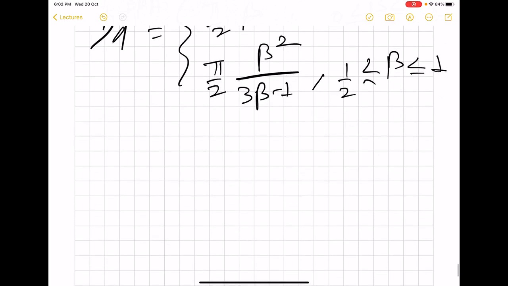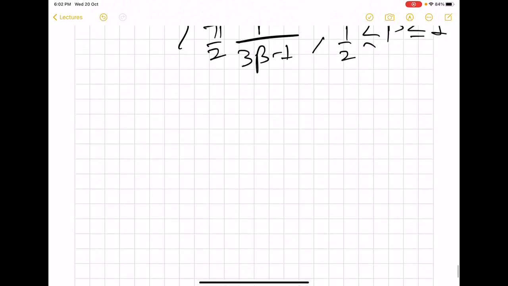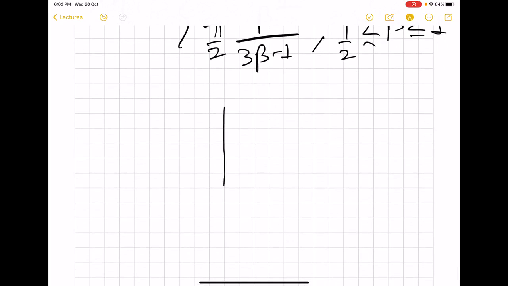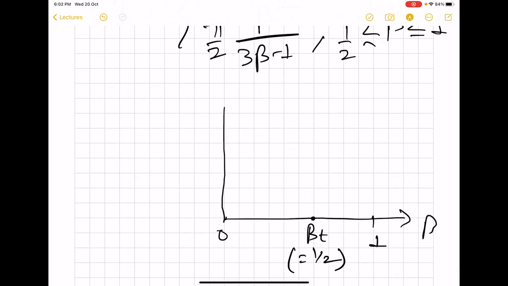So now if we plot this function, this varies linearly for the lower drive region.